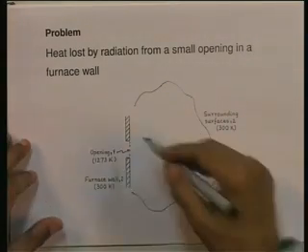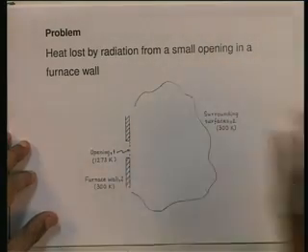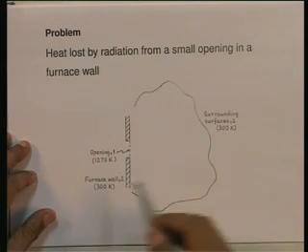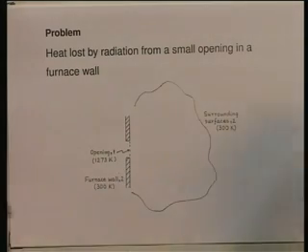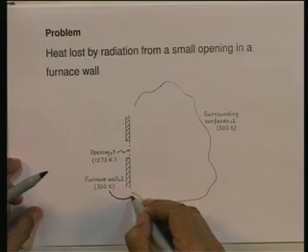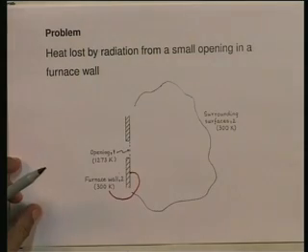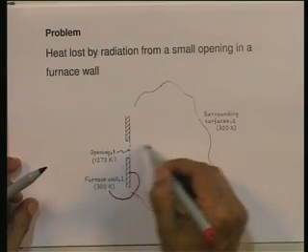Let us say all the surrounding surfaces outside the furnace are at a temperature of 300 Kelvin, and the furnace wall itself on the outside is at 300 Kelvin. All right. And this is my opening through which heat is being lost by radiation.